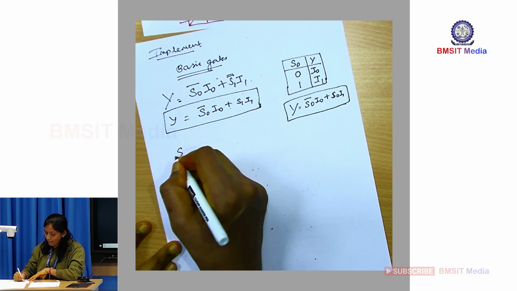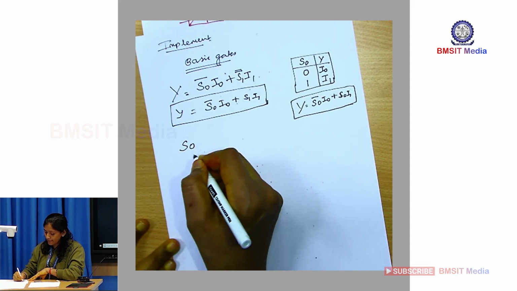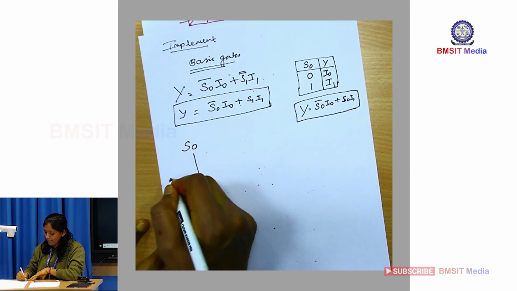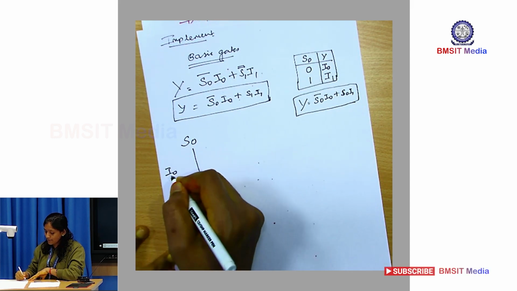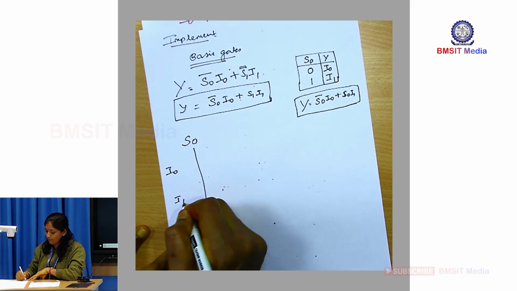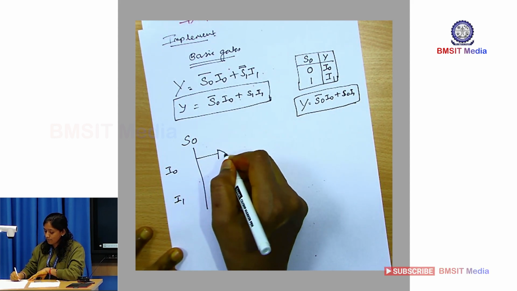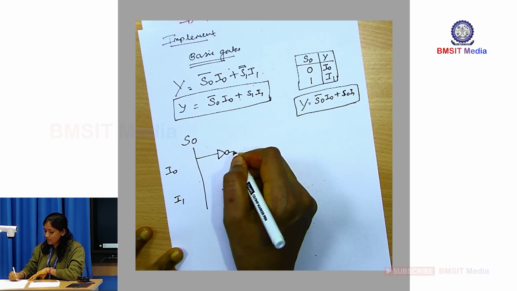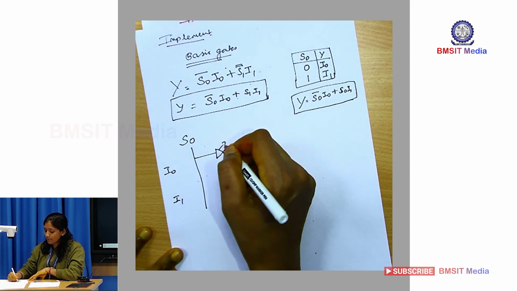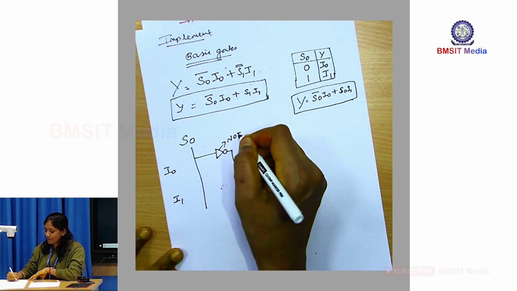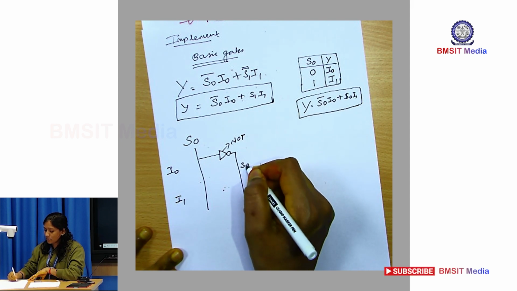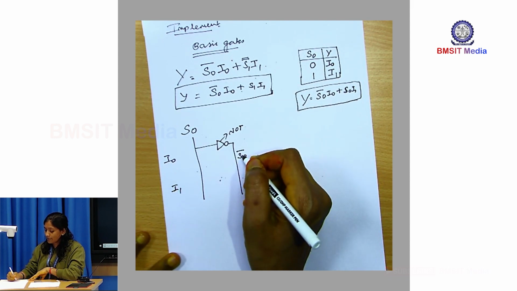Let us write. Here I have my S naught select line, here my information I naught is present, and here we have my information I1. I need S naught bar also, so I pass it to a NOT gate, and I will get S naught bar. What is the expression telling?